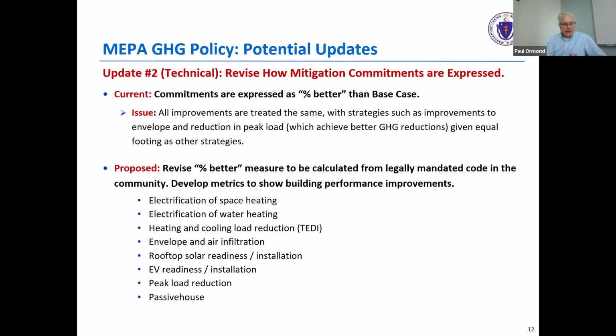Whether the building is efficiently electrifying its space and/or water heating, what kind of air infiltration reductions are proposed, things like EV readiness and whatnot. Those are all items that wouldn't be able to enter into the equation of percent better that we currently have.